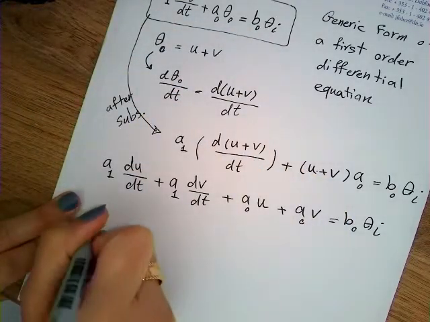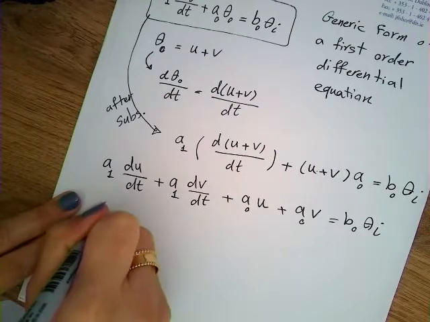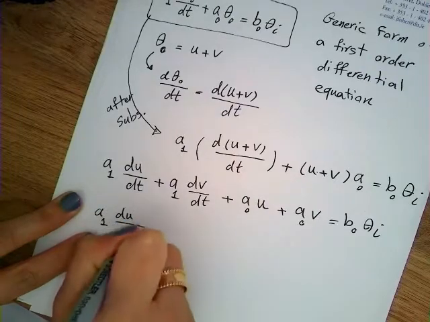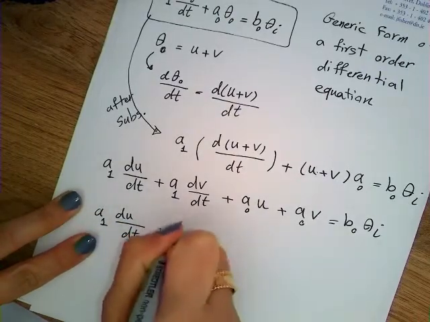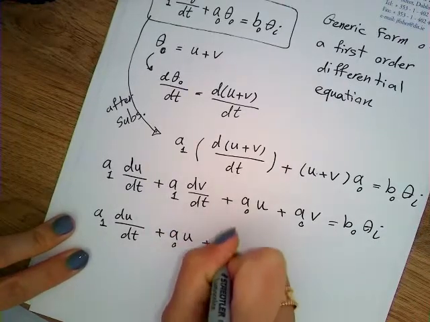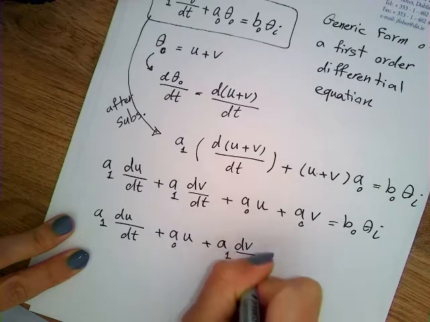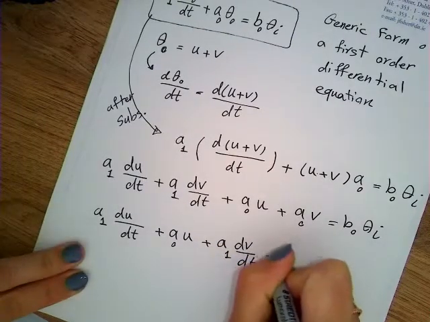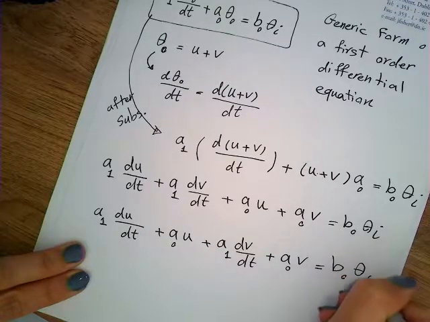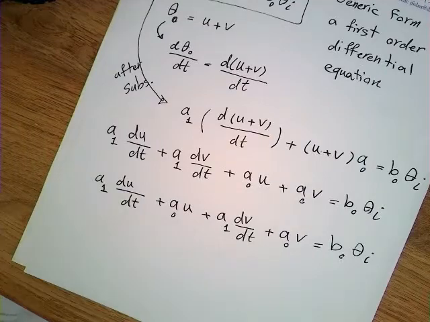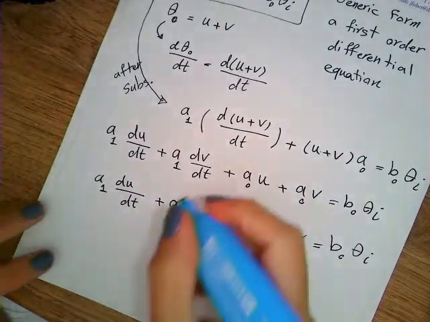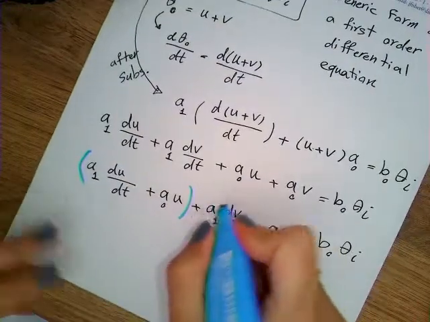That's my purpose. So I can write it A1 du/dt plus A0 u plus A1 dv/dt plus A0 v is equal to B0 theta I. Now, if I look at this section here, I can kind of separate them from each other.